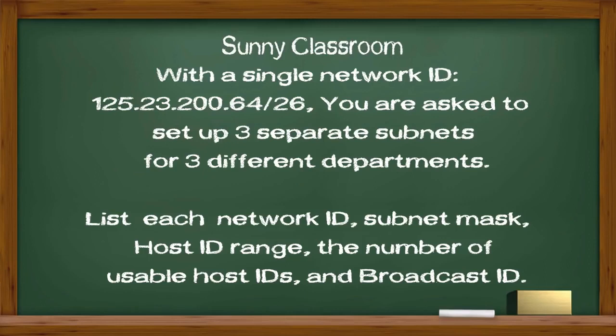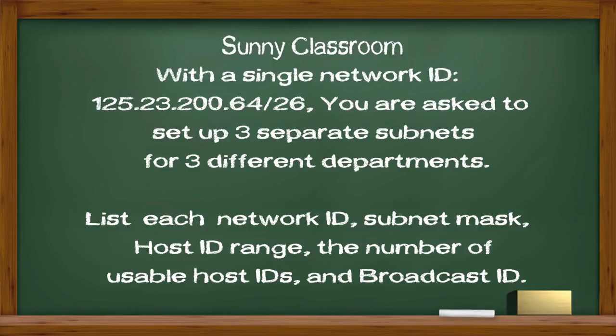Now let's take a look at an example. You are given a single network ID and you are asked to set up 3 separate networks or subnets for 3 different departments sharing a building.